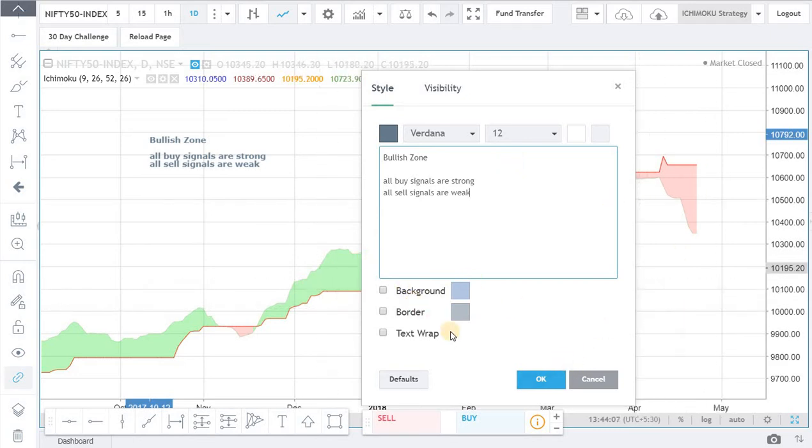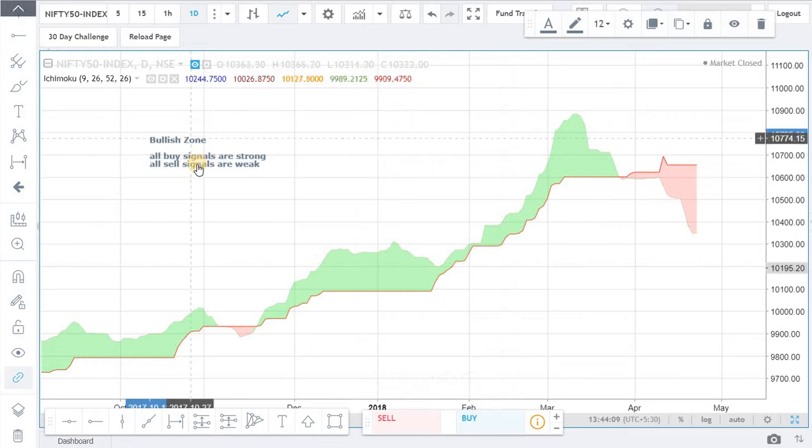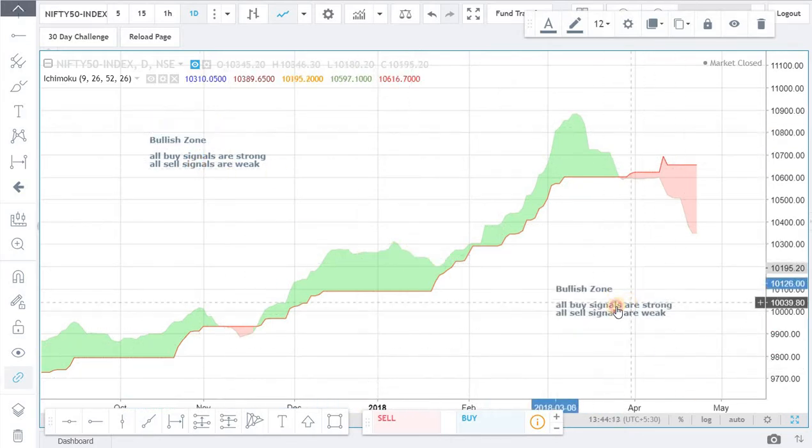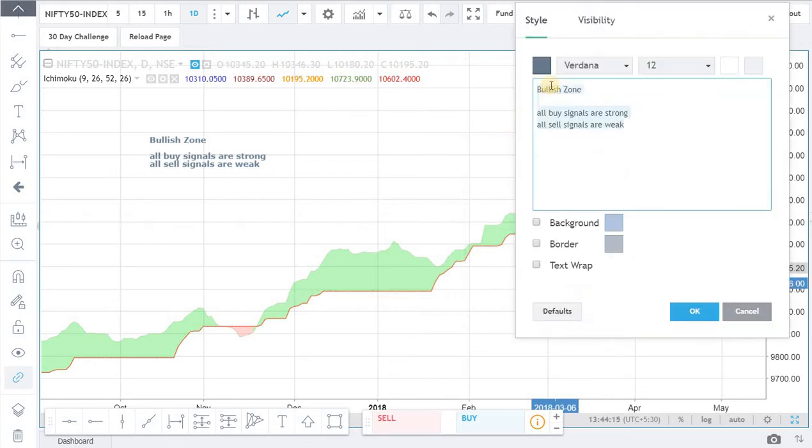The same goes over here. Bearish zones: sell signals are strong, buy signals are weak.